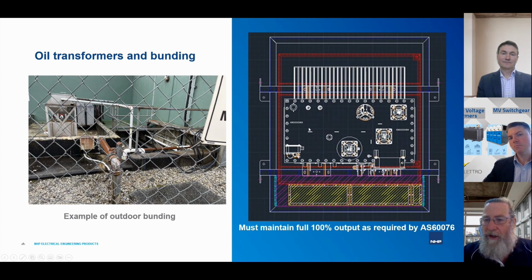But some of the design criteria that we had to consider was the fact that because it is an outdoor transformer installed in an enclosure, we need to ensure that it gives 100% output based on its nameplate rating. And so therefore we have designed the transformer to basically give us a 15-degree ceiling. So instead of a 60-degree top oil rise, the transformer's been designed for 45 degrees top oil. The winding temperature, instead of being 65, has been designed for 50.